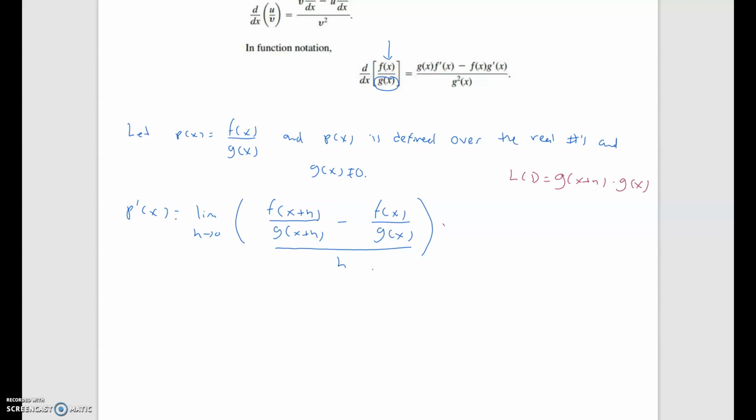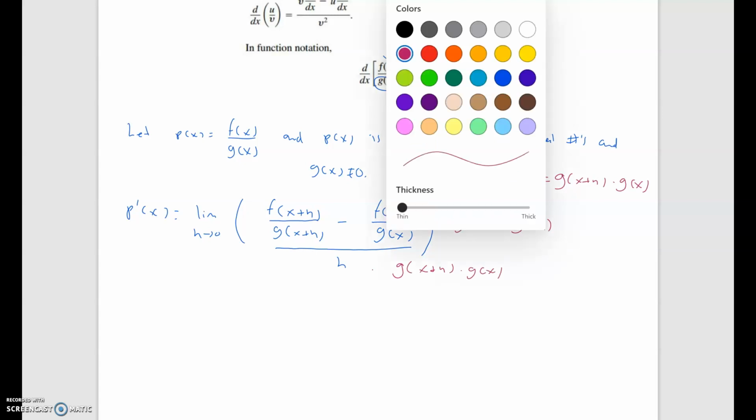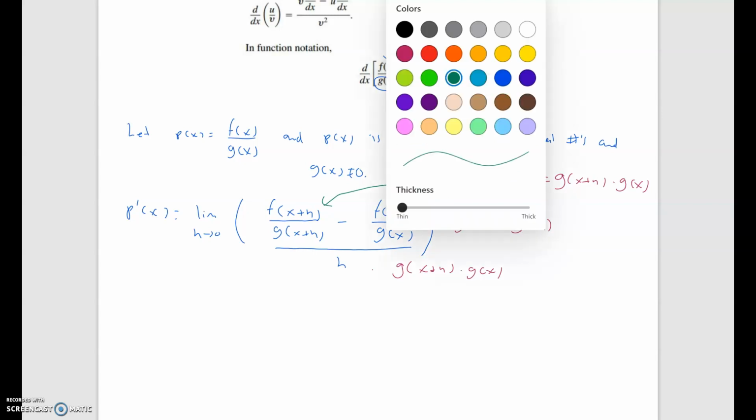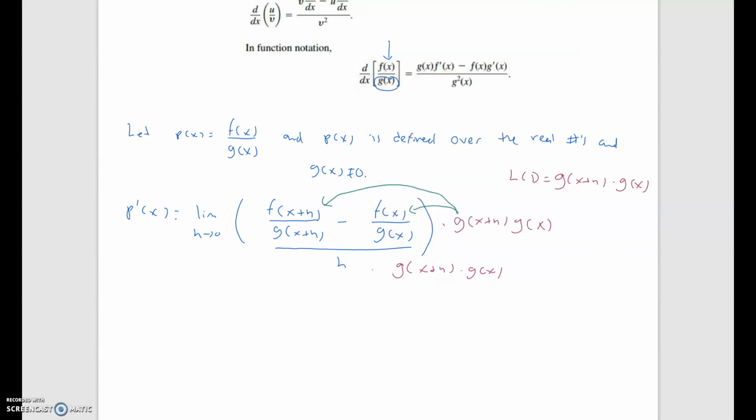So we're going to multiply top and bottom by that quantity: g of x plus h times g of x, and at the bottom g of x plus h times g of x. Keep in mind that on the top we multiply both of these terms. Nothing really happens in the denominator, so it just carries that factor. So let me rewrite it.